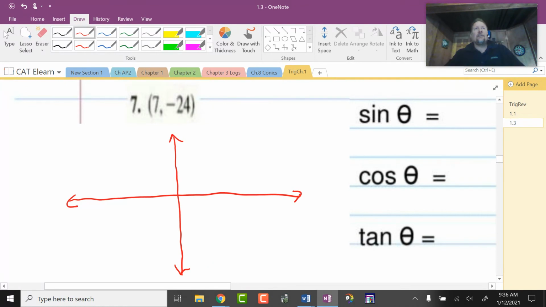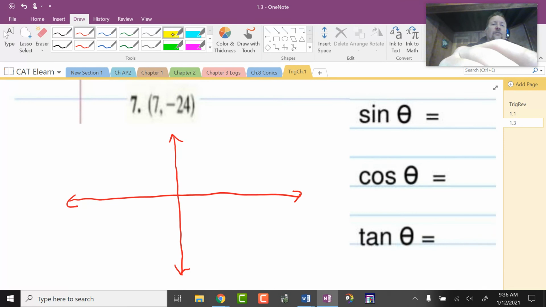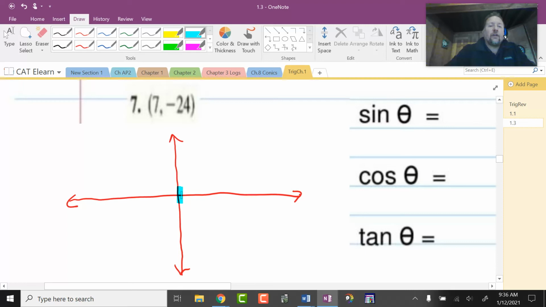You don't sketch the angle, because where's the angle at? No, I have to sketch my triangle first. So here's another problem, not knowing how to do coordinates. I've had seniors in the past who don't know how to draw (7, -24). Well, I'm doing it right now. I'm helping you. But if you can't figure this out in the future, I really cannot help you.